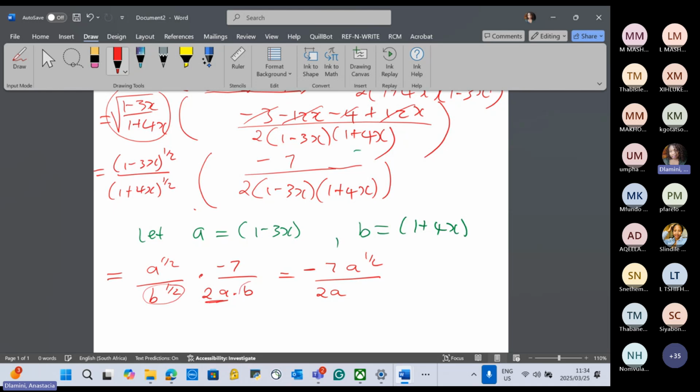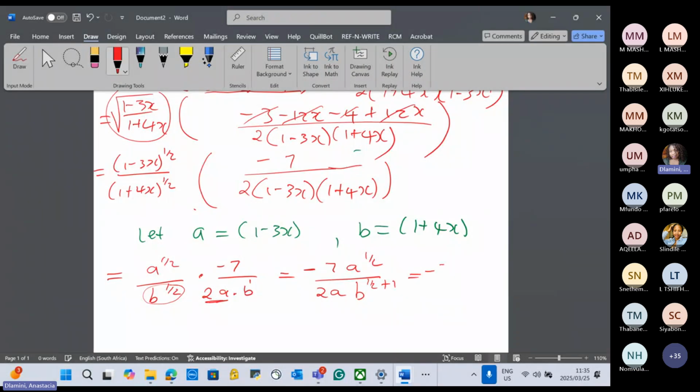Now, what do we know? When we multiply exponents with the same bases, what do we do to the powers? You add them. Now, we know this B is to the power of what? It's to the power of 1, isn't it? So then this is B to the power of half plus 1.